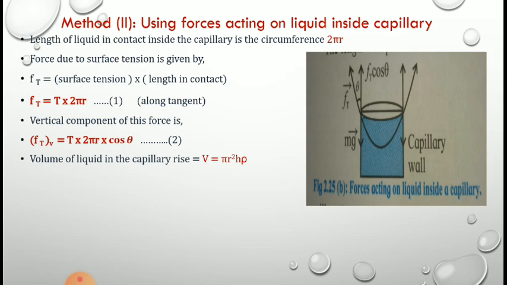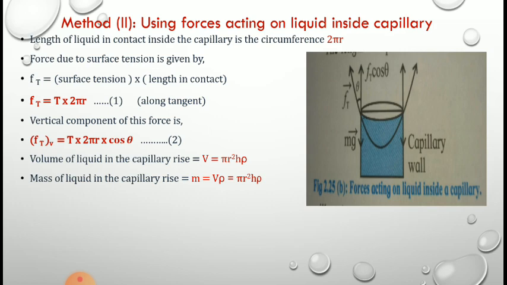Now the volume of liquid in the capillary rise is given by pi r square into h. So pi r square is the area, and that is multiplied by height. Therefore, the mass of the liquid in the capillary rise is given by volume multiplied by density.